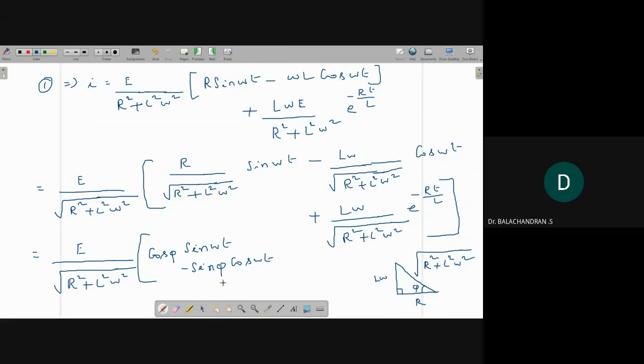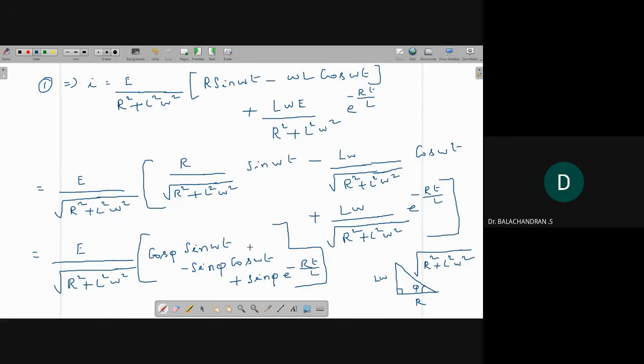Okay, and then remaining you have what? Plus again L omega. So L omega divided by root of R square plus L square omega square is sin phi into e power minus RT divided by L. Okay, so this term is with the previous equation, don't confuse.